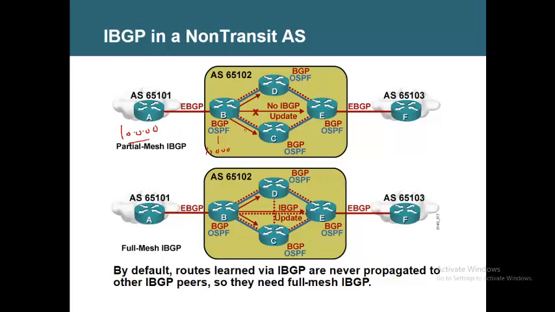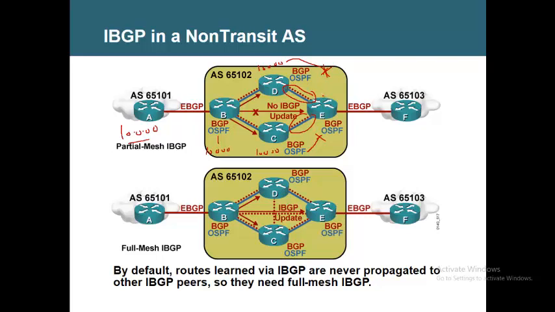It will even come here. But this 10 network will never be given to this one. C will not give. Even though C and E are neighbors, even though D and E are neighbors, D will not give.